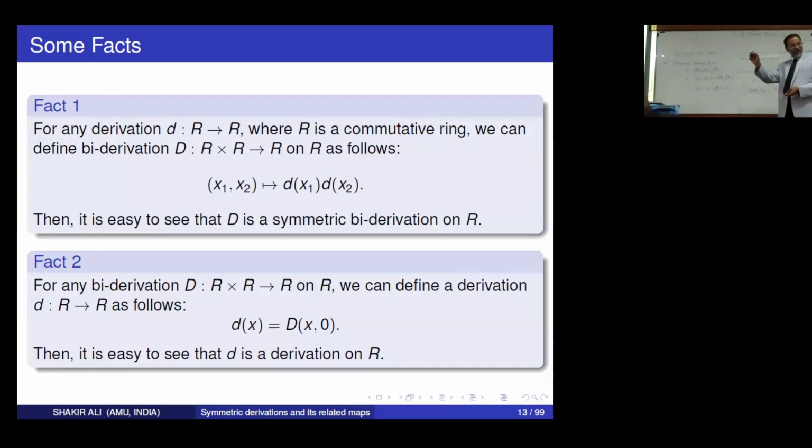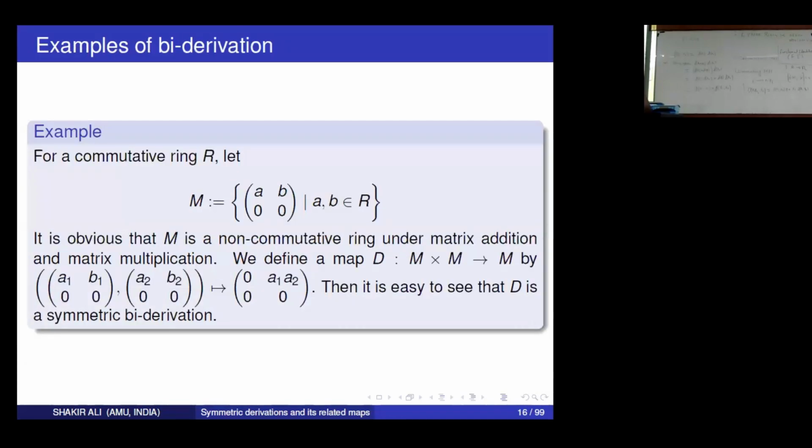Check this. Then again you replace the next part, similar calculation for x2. So it may be a derivation. Okay, now clear? Good. And similarly, if asked, you can change this one also the same way. So this is what we try to construct: symmetric bi-derivation.